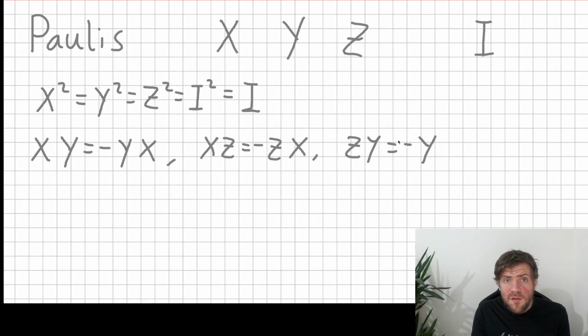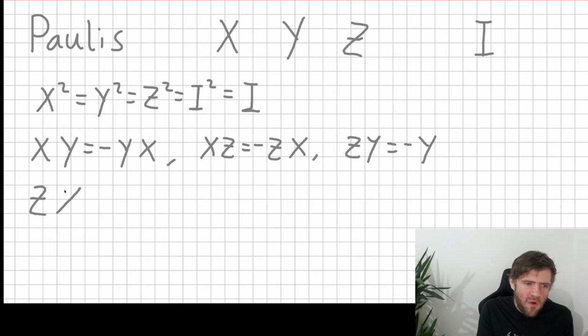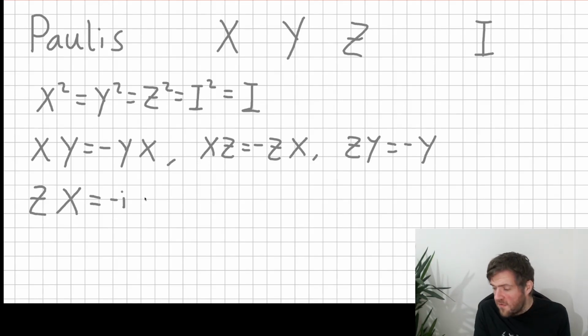Also, if you multiply two of them together, you get the third one. So, consulting notes to make sure I get this right. I don't like y's, you see. I think I've already shown my bias against y's before. But there's no way of writing this relation down without having a y in there. So what we find is that z times x is equal to i times y.